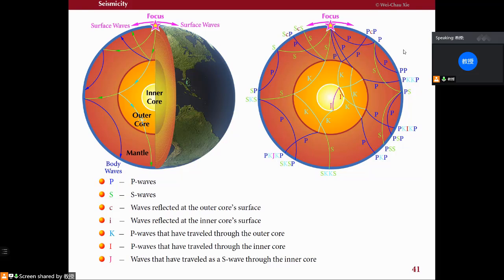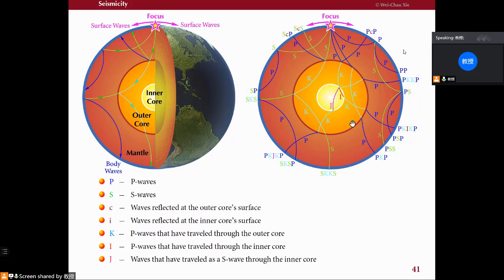Okay, so now this is a more complex diagram on the right. P means P waves, and S is the S wave, and C, look at the C, is the wave reflected at the outer core of the surface.